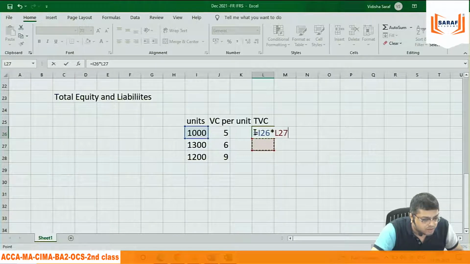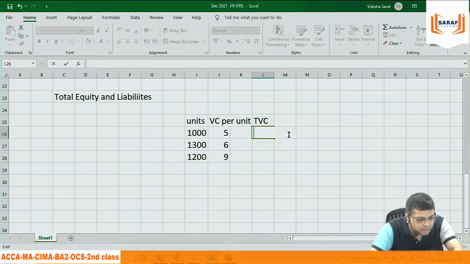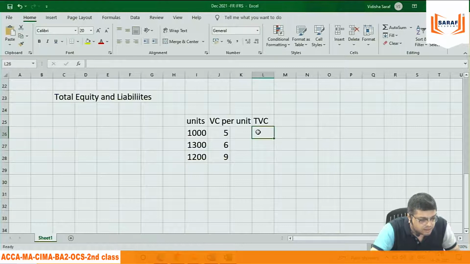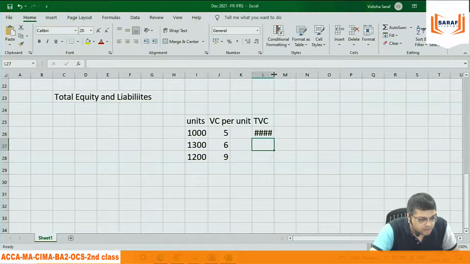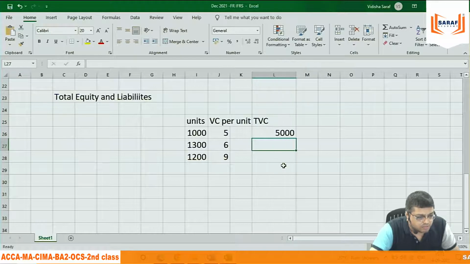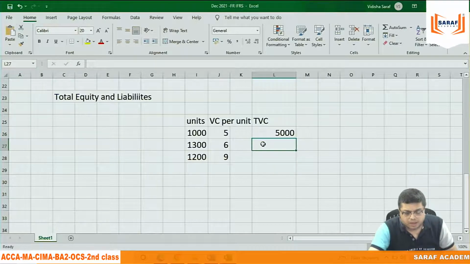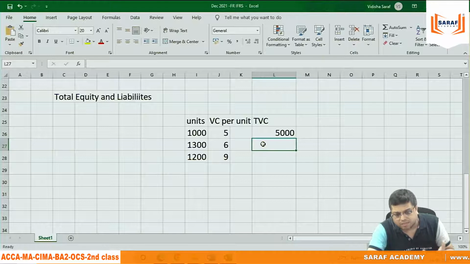Why is it not coming? One second, maybe I have made some mistake. This into this. Automatically, in the Excel, the figures will be coming automatically.